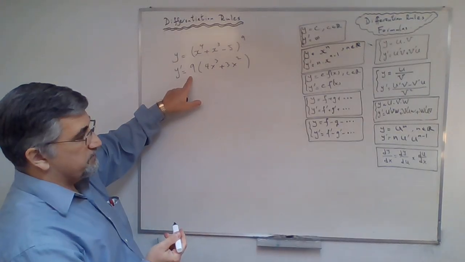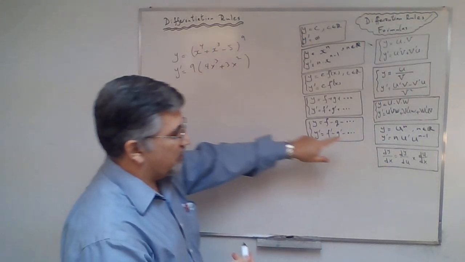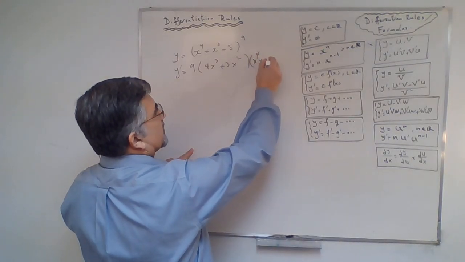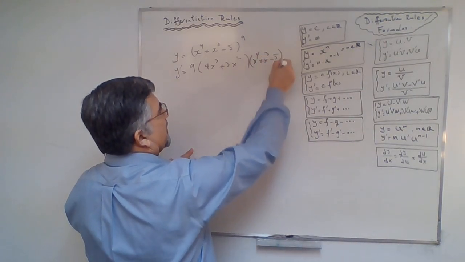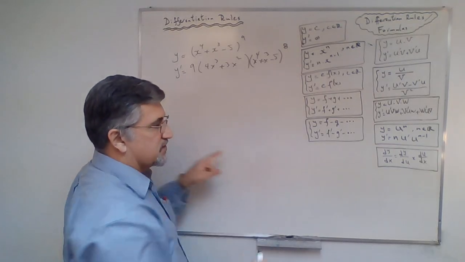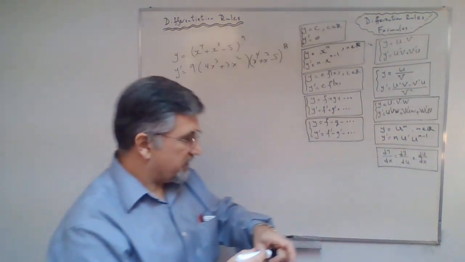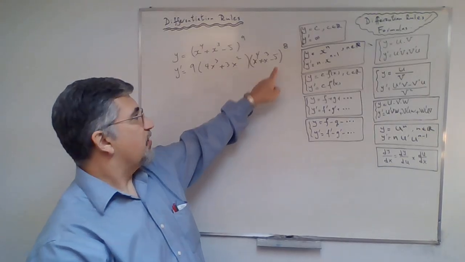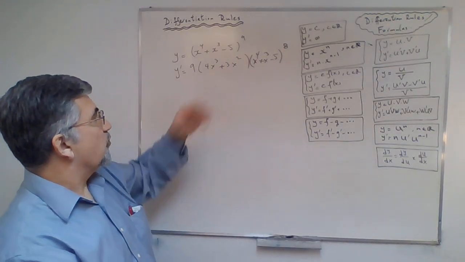So this was n, this was u prime, and now we have u to the exponent of n minus 1. So x to the 4 plus x cubed minus 5 to the exponent of 8, because 9 minus 1 is 8. So n u prime u to the exponent of n minus 1, right there in one shot you find the answer.